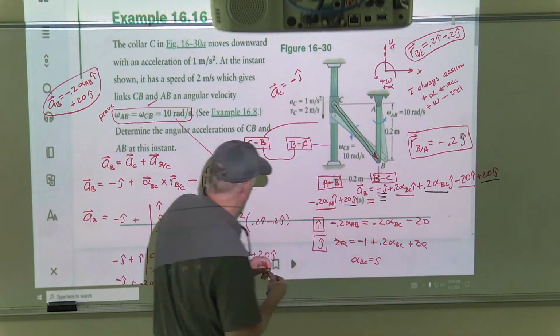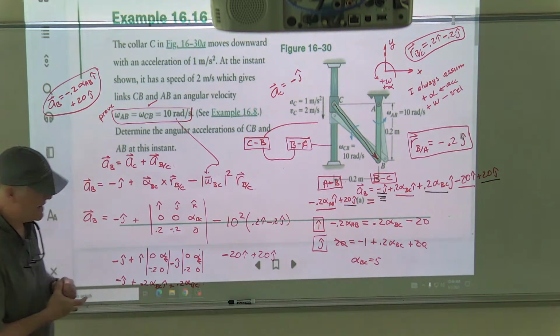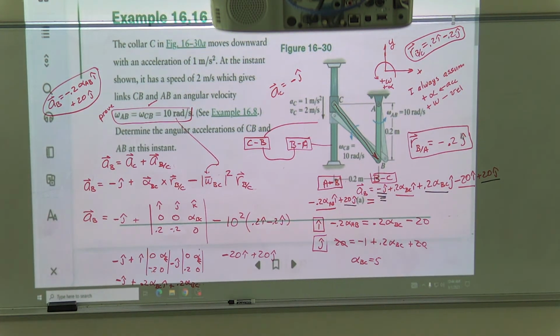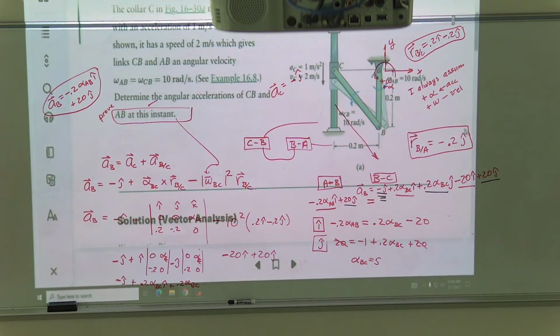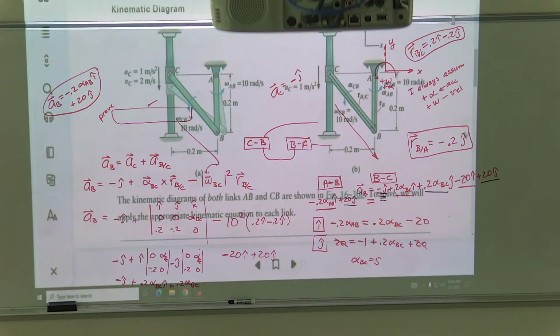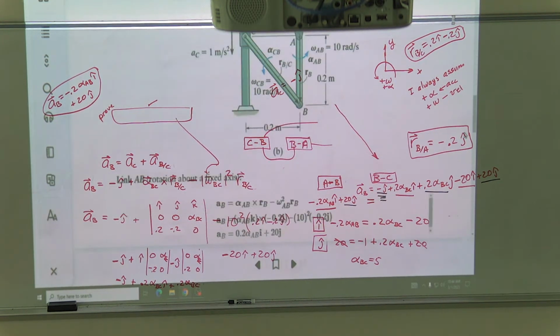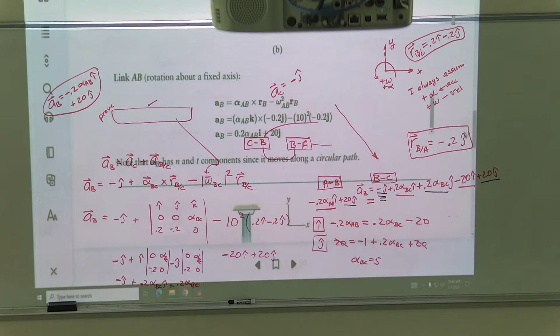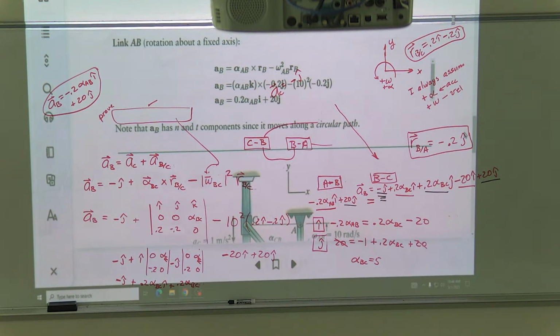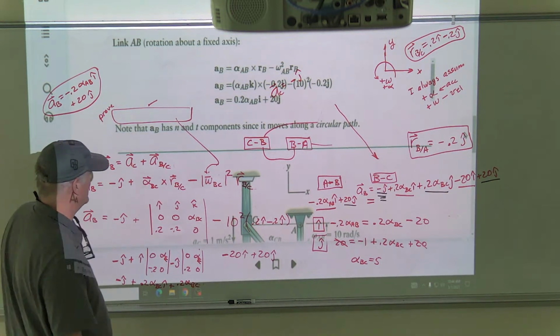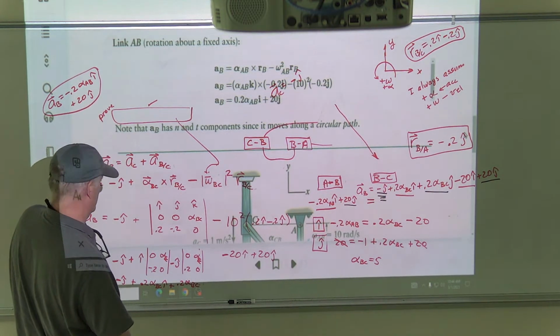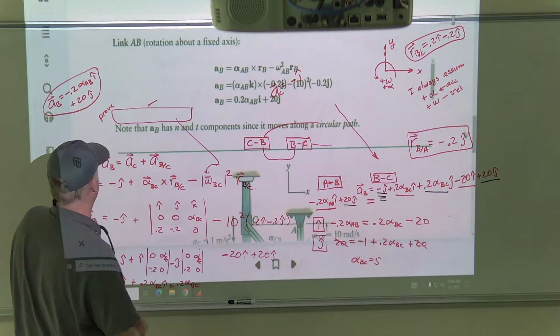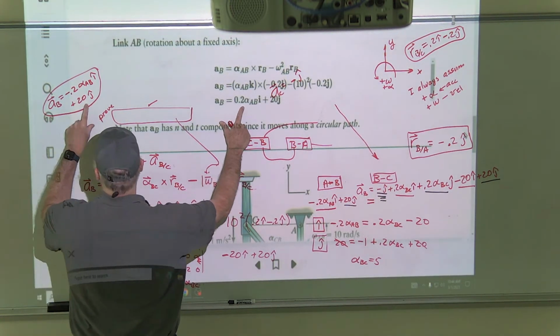Now, for me to find out where I am in this, I'm going to go rolling down. So what was that, AB? So if I roll down, he's doing this. Here's the acceleration. Okay, there's the 0.2. Uh-oh, I made a mistake. Wait a minute. Where did it go? Plus 20.